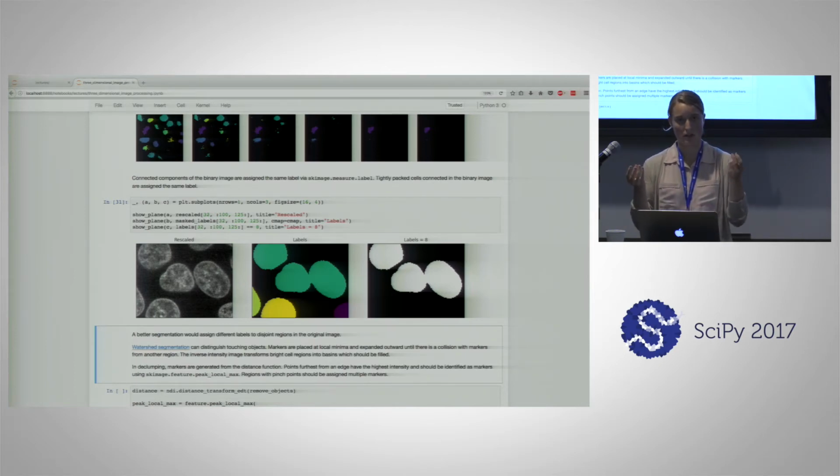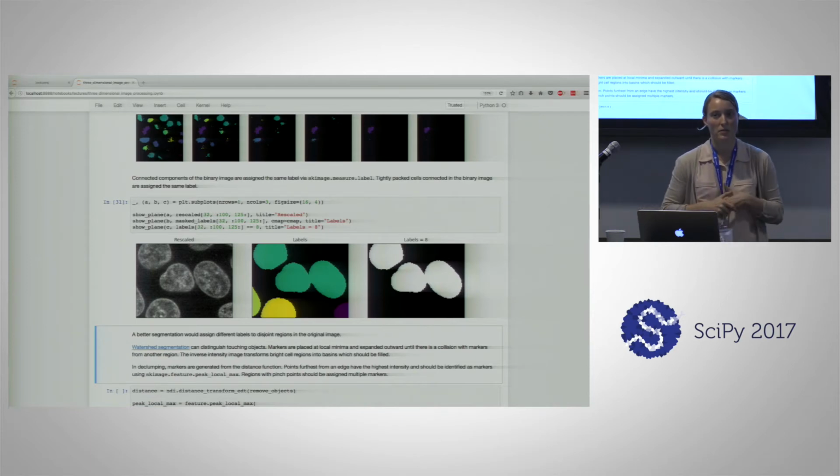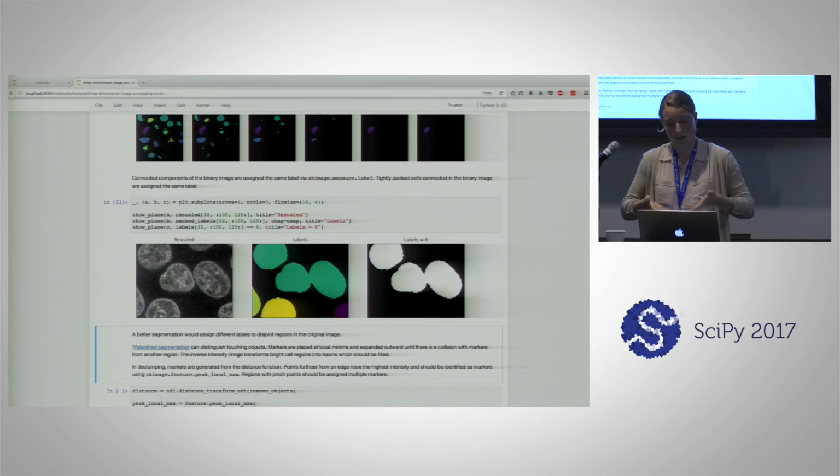What you do is you place markers and expand them outwards until they touch, and you say, okay, this is where we've got 2 distinct cells. It works by starting at the minima and filling those basins up. A really great example that somebody told me once was that you can think of it like filling an ice cube tray. You want to fill it up until you've got 12 little neat ice cubes and not one giant ice cube pool.